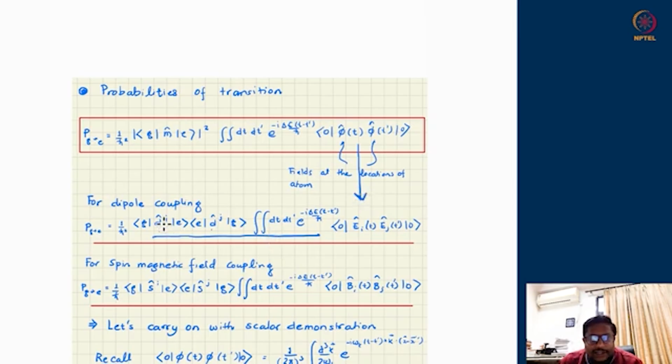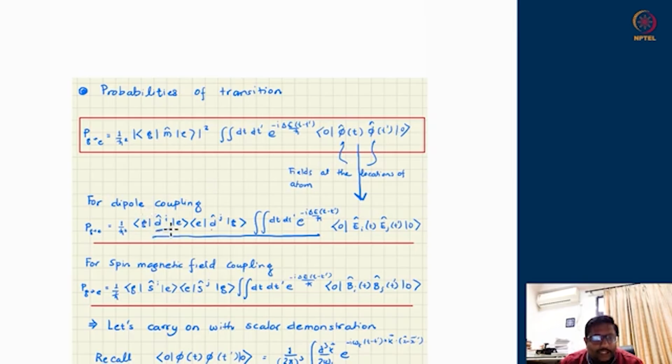Now see, there is a label i appearing across the 2-point functions, i and j, and similarly in the dipole operators d_i and d_j are appearing. This is because of their vector nature. In the monopole coupling term, the interaction Hamiltonian was m phi. In the dipole coupling, the interaction Hamiltonian will have a term like d dot E, that is d_i E_i summed over i. And when I do a mod square, I will have twice of these terms.